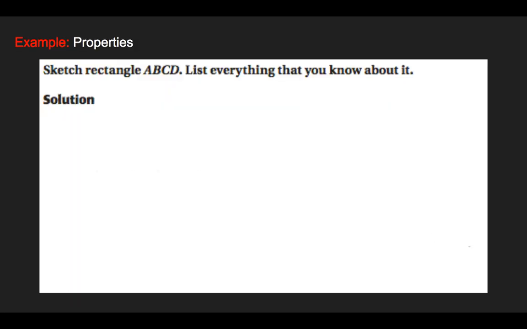Sketch a rectangle, ABCD, and list everything you know about it. Go ahead, take a minute, pause the video. I hope you drew a picture that looks something like this. If your letters are in a different order, it's no big deal.